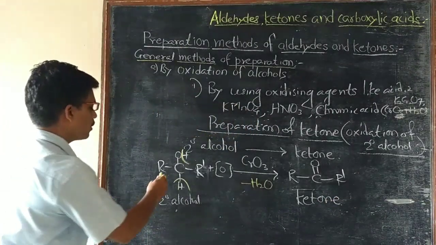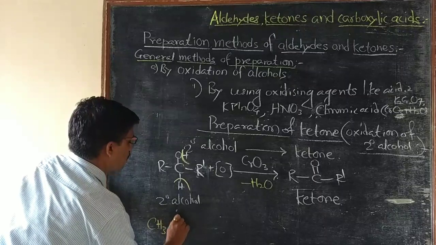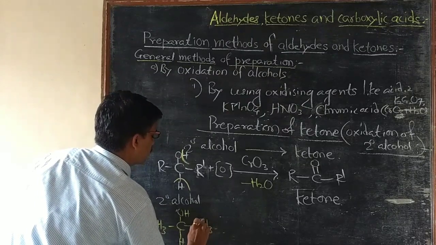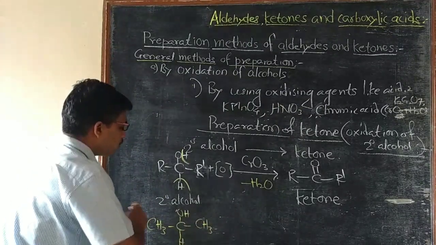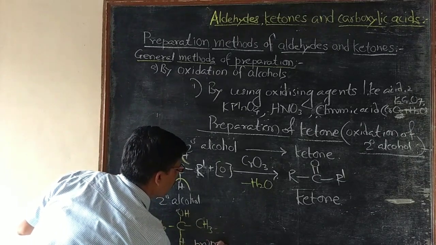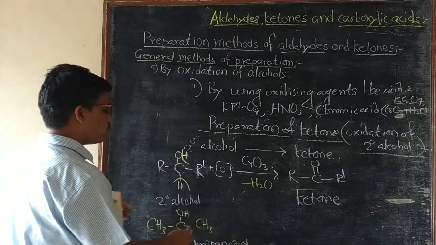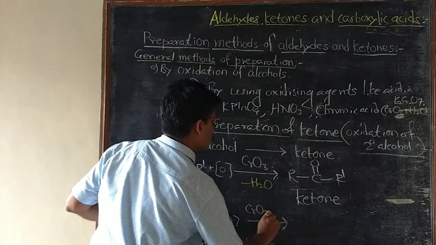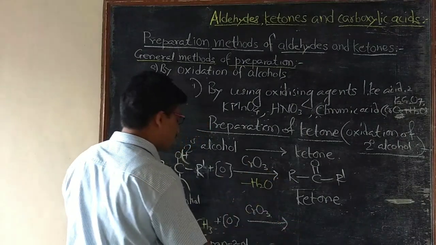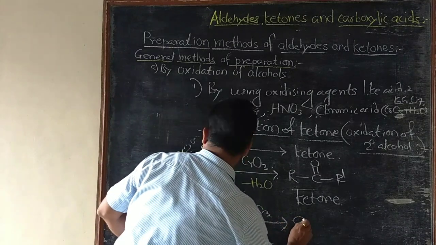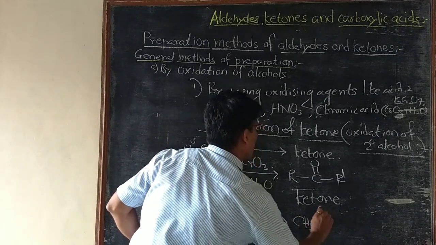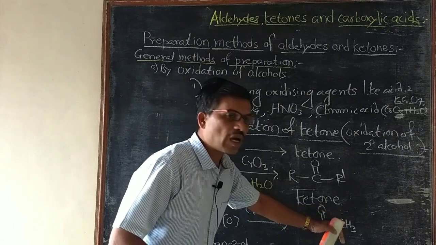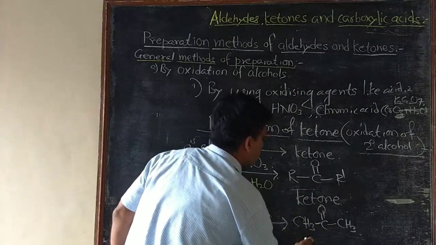For example, this is propan-2-ol. Propan-2-ol on oxidation using an oxidizing agent like chromic acid gives its corresponding ketone, that is dimethyl ketone, its historical name is acetone.